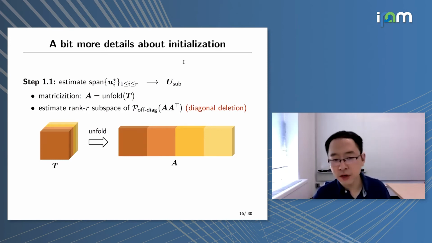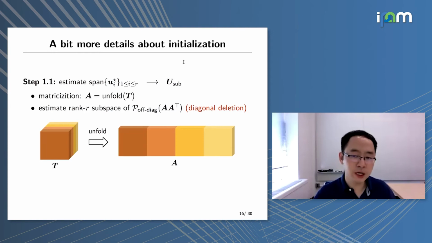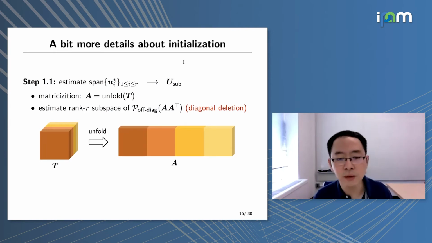We do a very simple thing. We're going to matricize the tensor data. All the observations we have, we matricize into a very fat matrix A. And then let's compute the rank R column subspace of A using the Gram matrix AA transpose with proper handling of the diagonal entries.